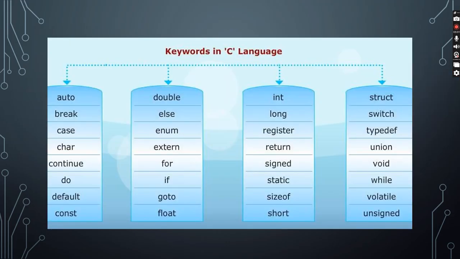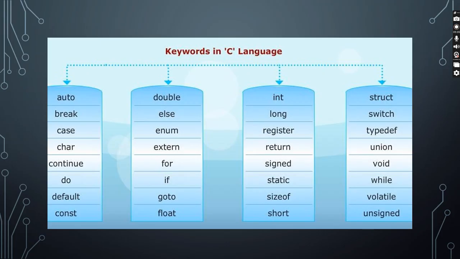Keywords in C language. There are 32 keywords in C language. We have auto, break, case, char, char means character, continue, do, default, const, double, else, enum, extern, for, if, goto, float, int, long, register, return, unsigned, static, sizeof, short, struct, switch, typedef, union, void, while, volatile.